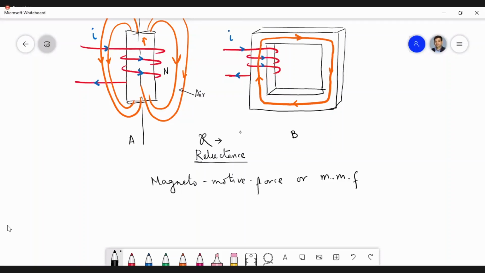This MMF doesn't depend on the material or the media through which the flux is flowing. It completely depends on the amount of current and the number of turns. So this is the product of number of turns and current, and has the unit of AT, which means ampere turns.